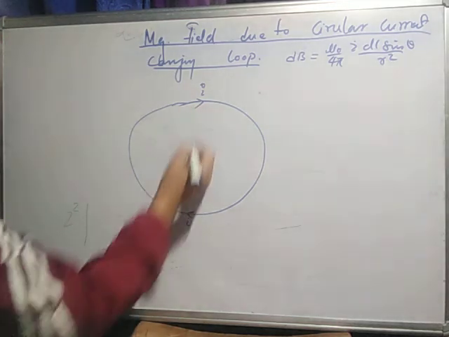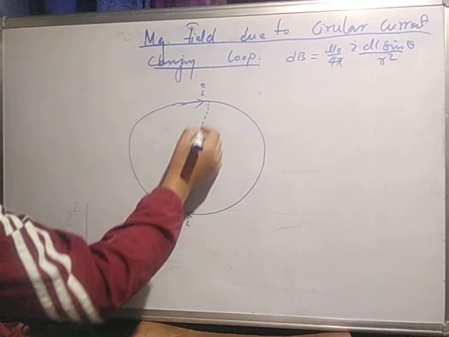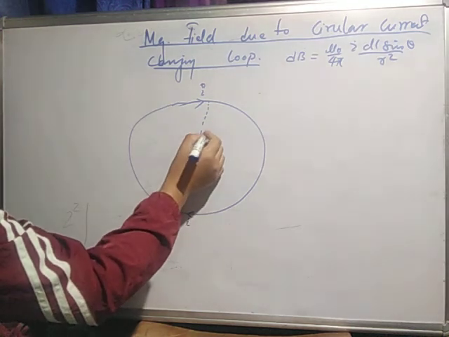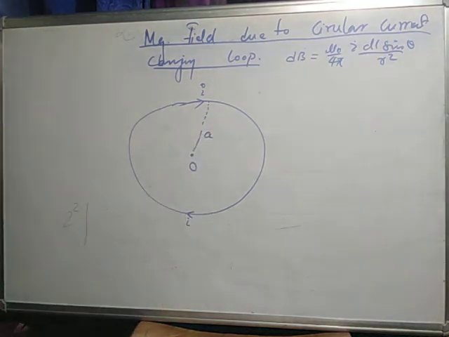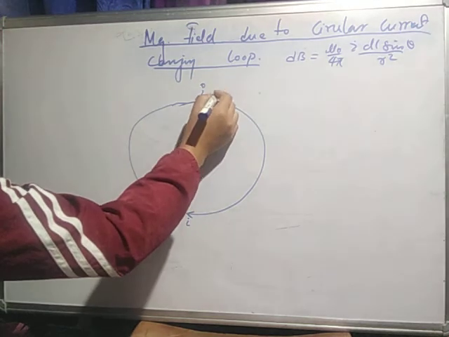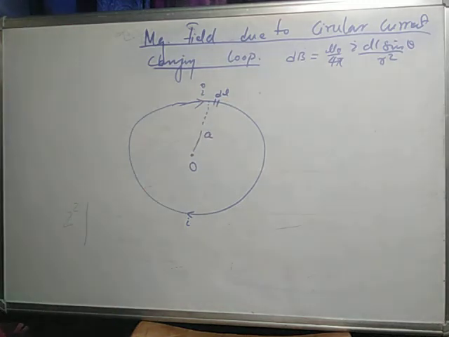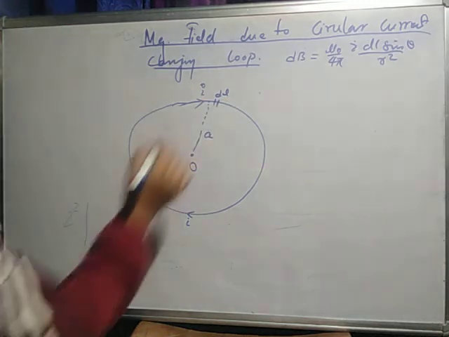So inside the center we'll find the magnetic field. So this is the radius of the circle, so a is your radius, right? Use Biot-Savart law, isn't it? So take a dl element of the wire, a small element of the wire, right?